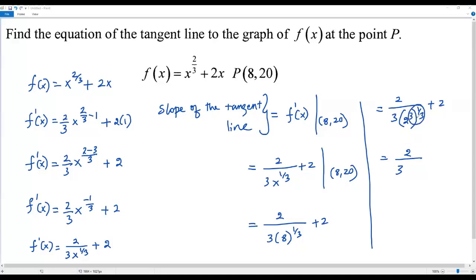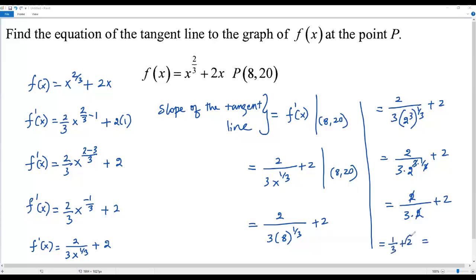Whenever we have two exponents like this, we multiply them using the power rule of exponents. So 2 to the power 3 times 1/3, plus 2. I get 2 over 3 times 2 plus 2, so the 3s cancel out and 2 to the first power is just 2. Then the 2 cancels out, and we get 1/3 plus 2.